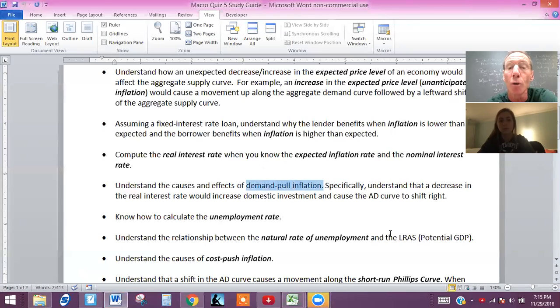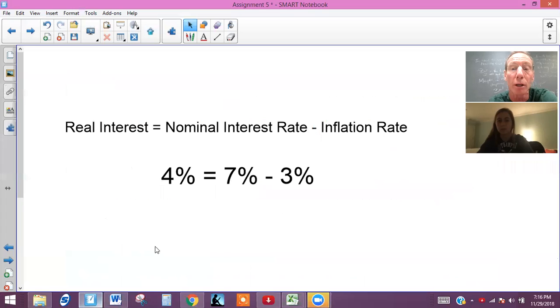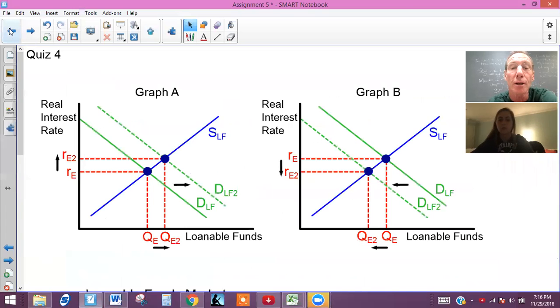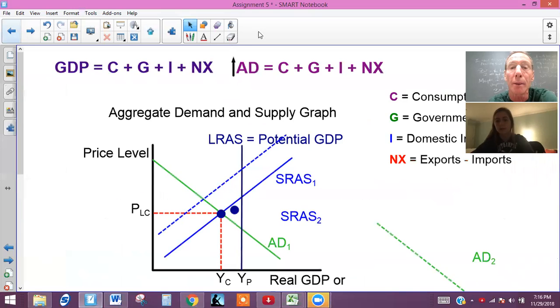So if we had a decrease in the real interest rate, that's going to mean that borrowing money to invest is less expensive because the real interest rate is lower. So domestic investment goes up, which, if we look back at our equation, is a part of the aggregate demand.